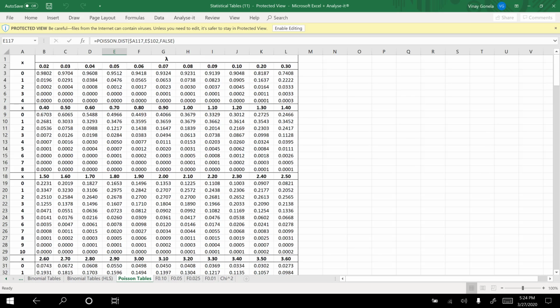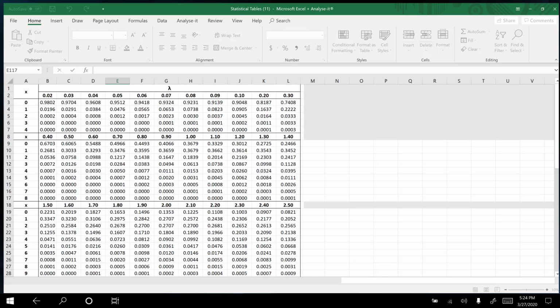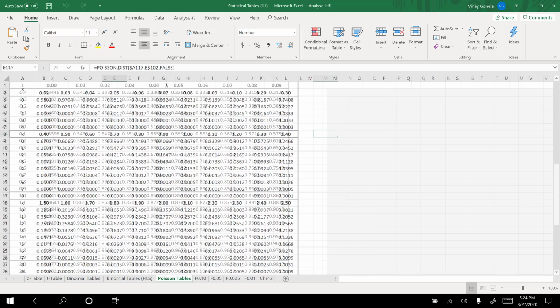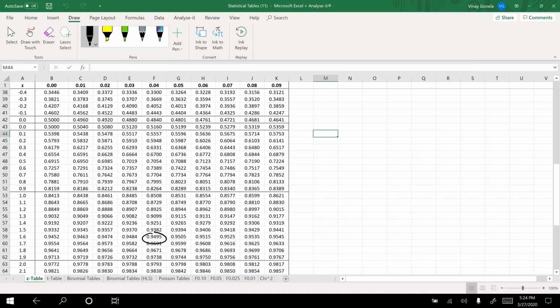I will enable editing. I'm currently in the Poisson table, so I will go and look for the z table, and now I am looking for a probability of 0.95. Let me see where 0.95 is.